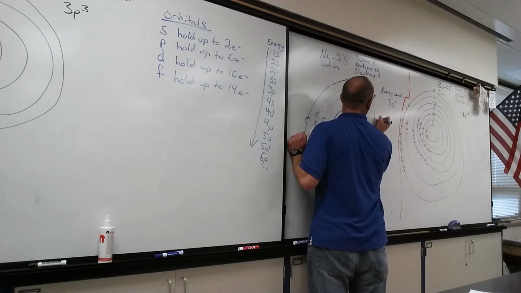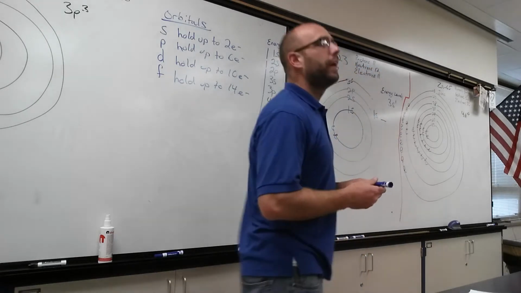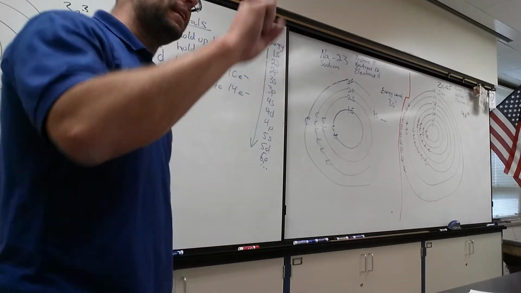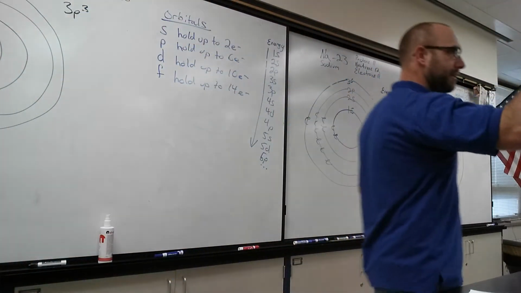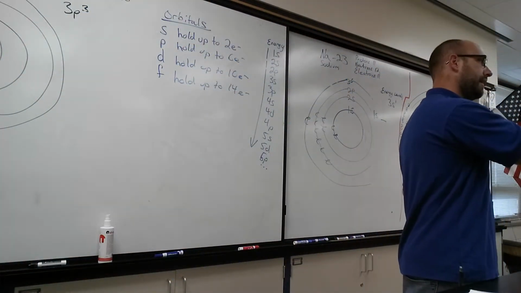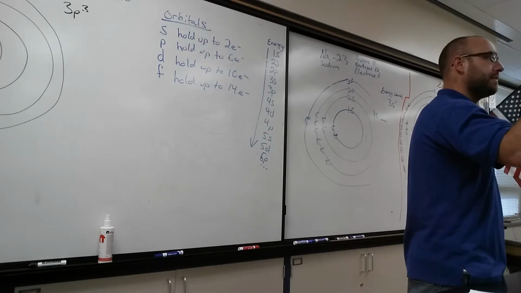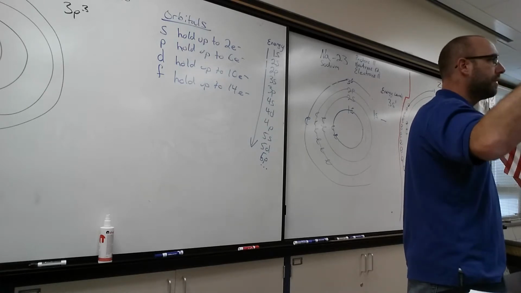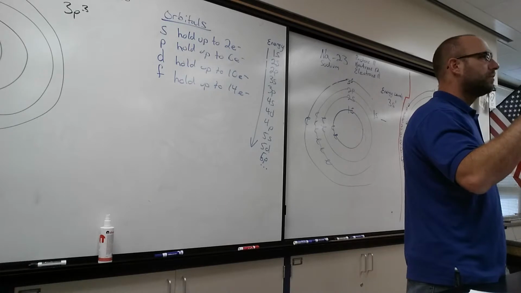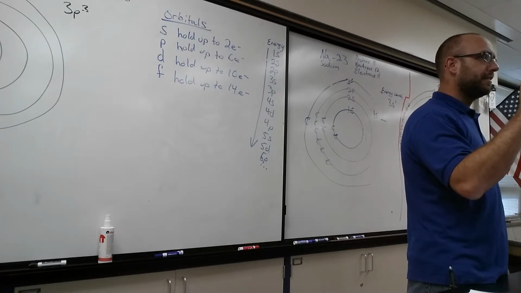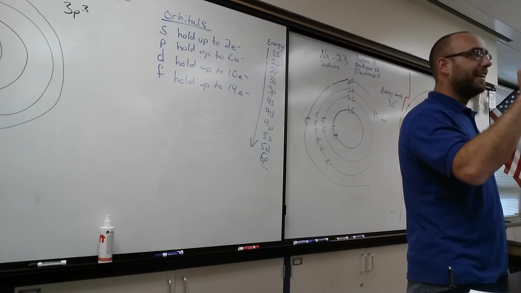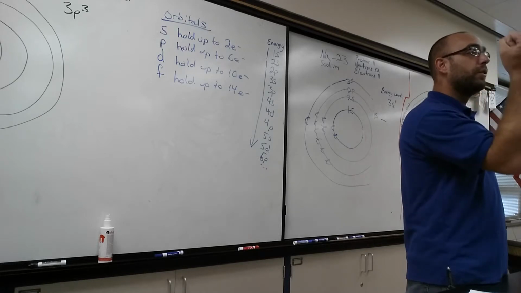So basically, we're going to draw arrows to represent the electrons. If an up arrow represents this, a down arrow represents this, opposite spin. So it's going to spin this way or this way. Arrows represent electrons. That's really all I've said so far. So the rotation.